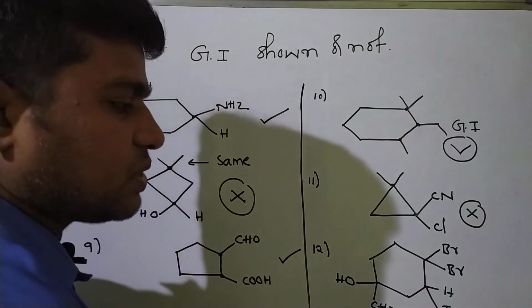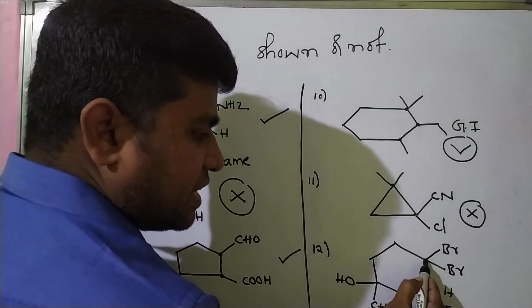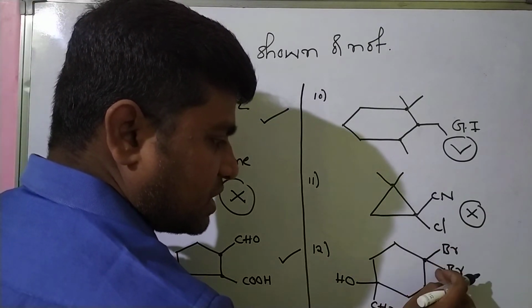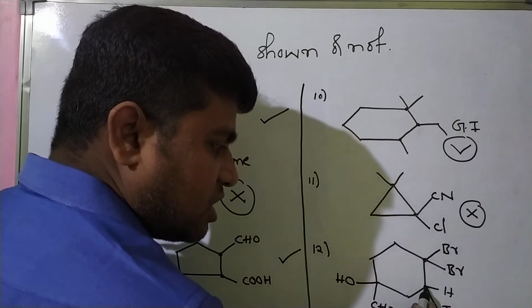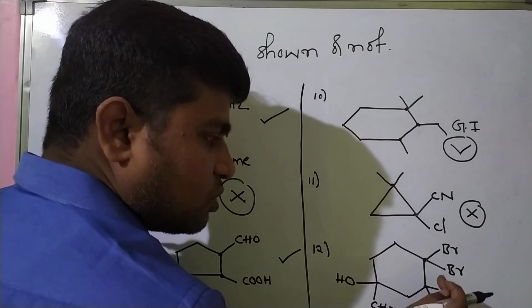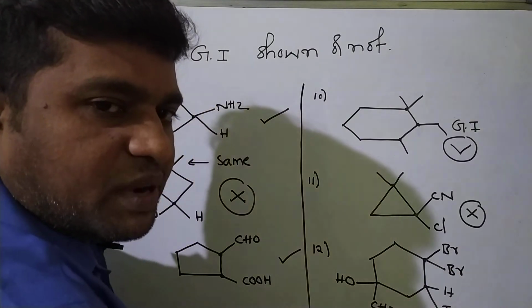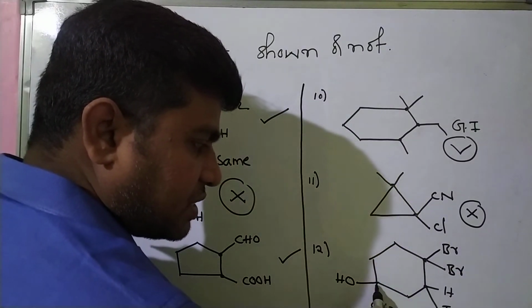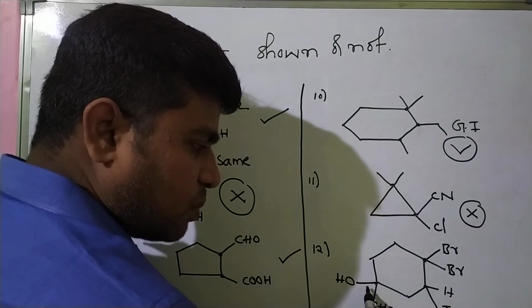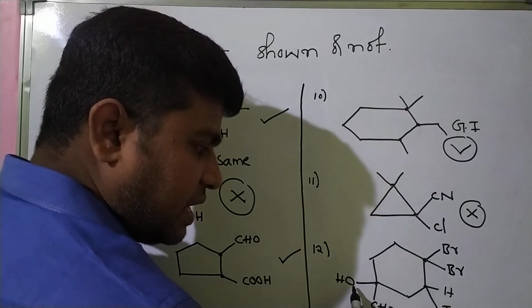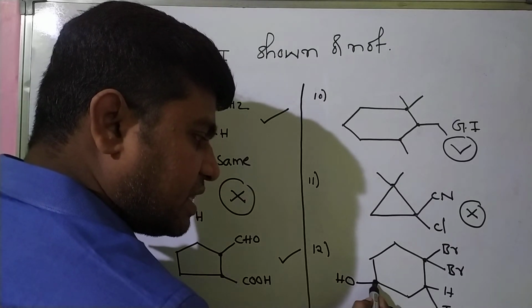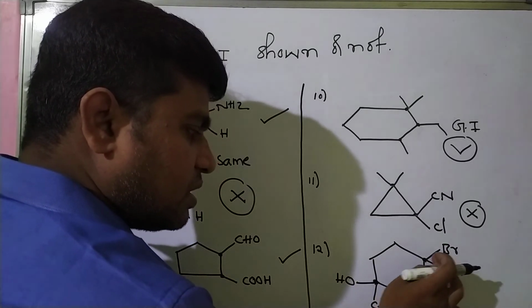Okay, listen students, if we consider these two groups are different, but these 2 groups are same. So if we consider these 2 carbon atoms, this compound should not give geometrical isomerism, whereas if we consider this carbon and this carbon, the 4 groups are different. A not equal to B, C not equal to D.